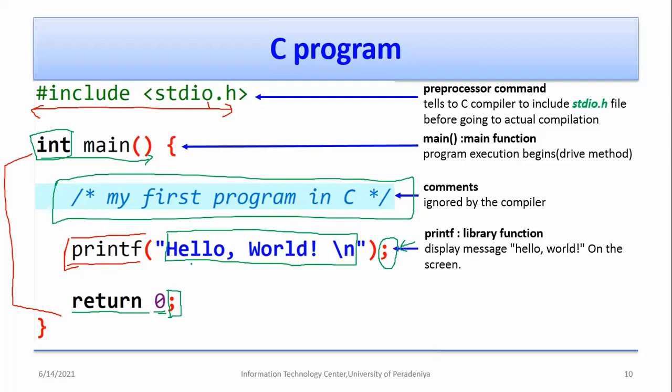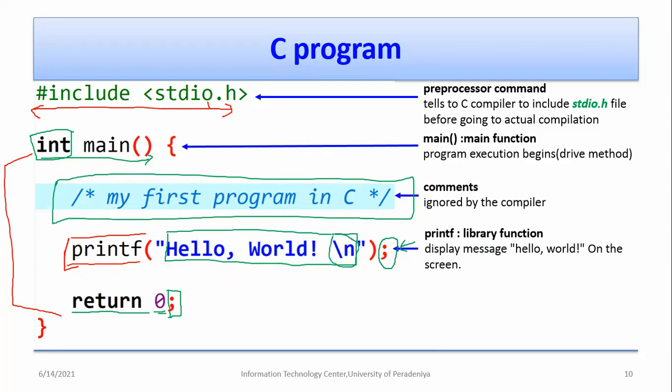Okay, so this is the printf function, and I told you that there is a library function. This function is available within the standard input output header file, right? So this is used for displaying a message. Here we display the message called Hello World, and then here I additionally use \n.